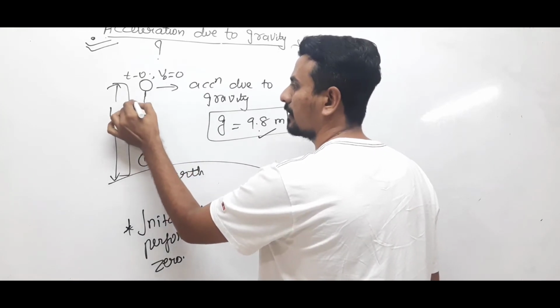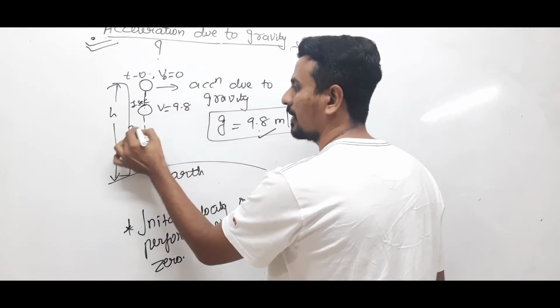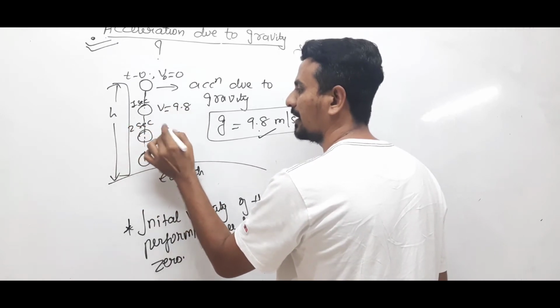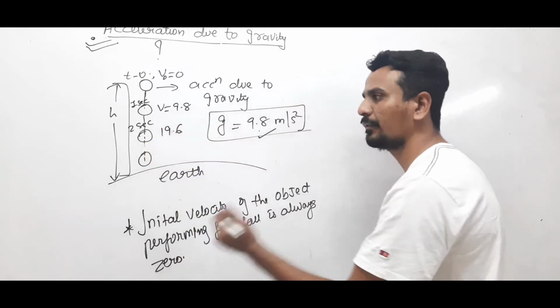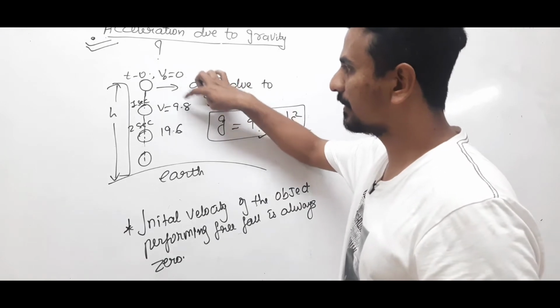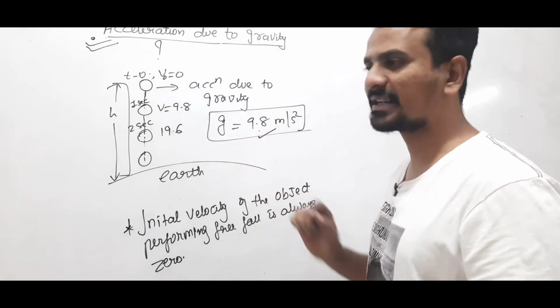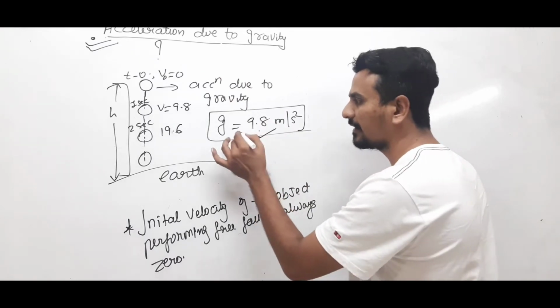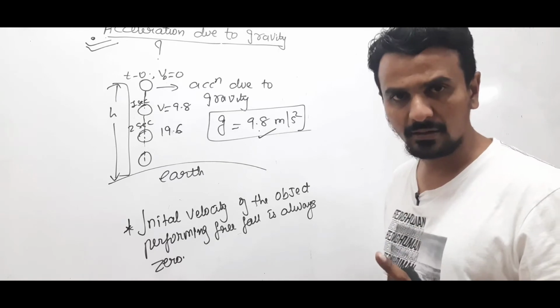After 1 second, velocity will increase by 9.8. After 1 more second, velocity will be 19.6 and so on, right? So acceleration means change in velocity by time. So when the object is performing a free fall, its acceleration will remain constant, which is 9.8. Clear?